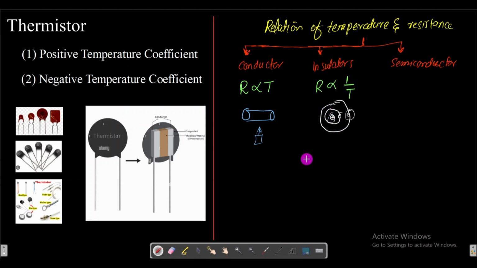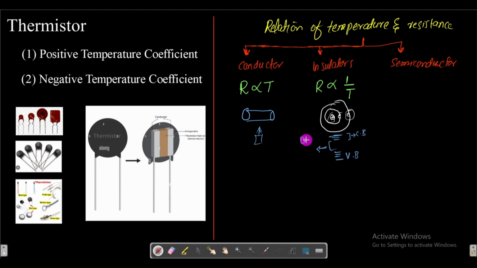If we explain this by band gaps, this insulator has a band gap. It will have some valence band, and this is the conduction band. So there must be a gap between the valence band and the conduction band.